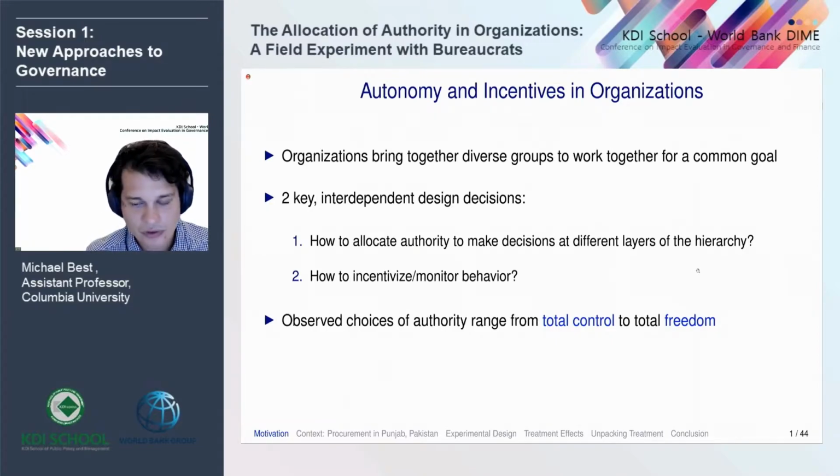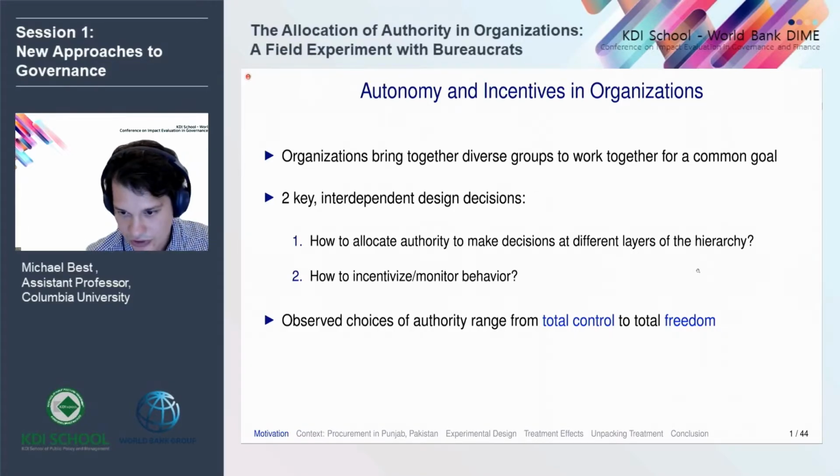And so when you look around in the real world and look at different organizations and see what types of solutions people have come up with to these two design questions, you see this sort of bewildering array of solutions to this problem that range all the way from sort of total control, organizations that are extremely top-down, where individuals have very little autonomy to decide what to do in their day-to-day work, and that they're sort of following very strict rules all the time.